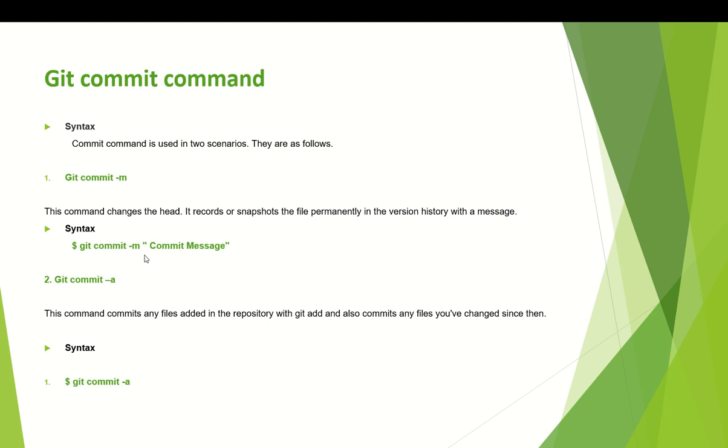Using the command git commit -m followed by the commit message, it will be saved. This command commits any files added in the repository with git add, and also commits any files you changed since then. If you have multiple changes, then running git commit -a will save all changes to the repository.